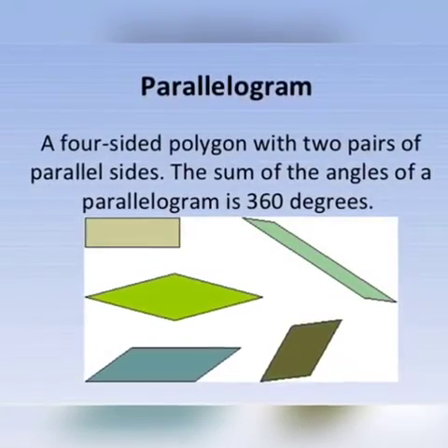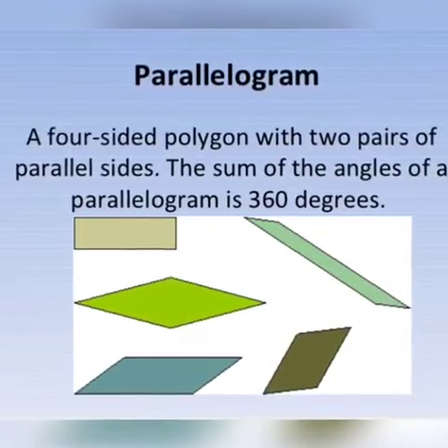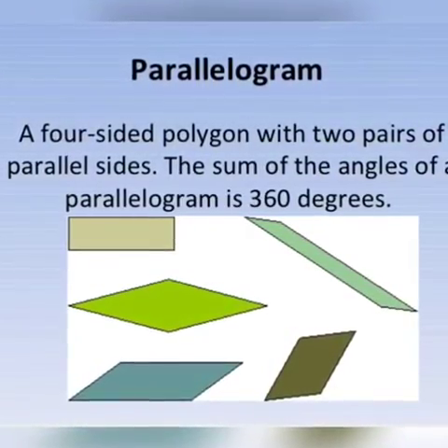Parallelogram. A parallelogram is a four-sided polygon with two pairs of parallel sides. The sum of the angles of a parallelogram is 360 degrees. Rhombus. A rhombus is another four-sided polygon having all four sides of equal lengths.